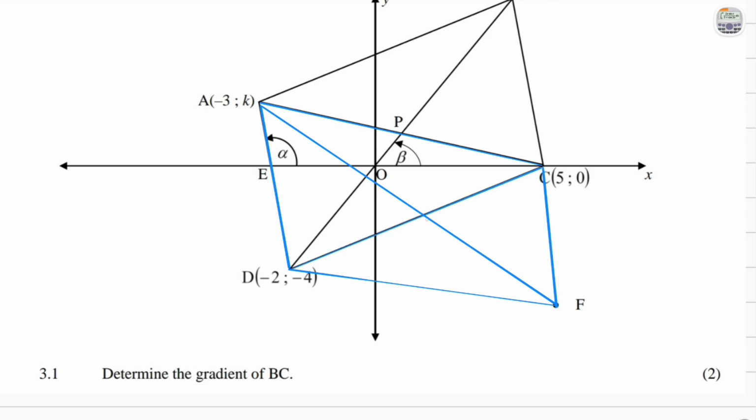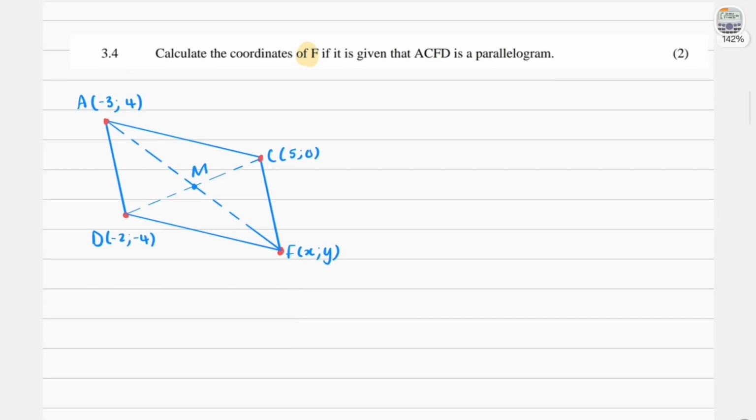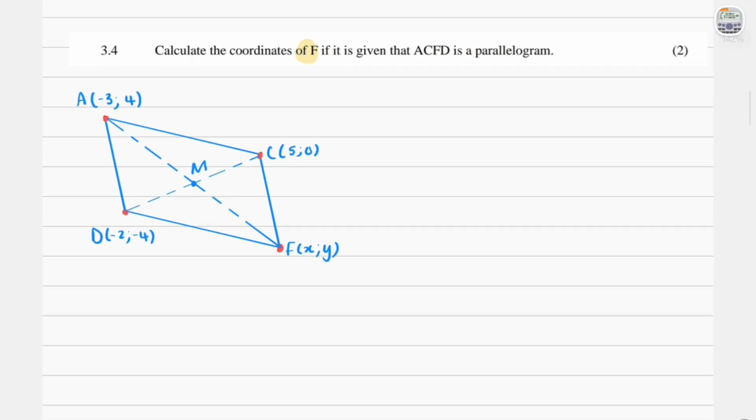And what it means is that they share the same midpoint. The diagonals' midpoints are exactly the same. So that's what we're going to do. We'll find that midpoint, okay? So use DC, since we have those 2 points, find the midpoint, and then use that midpoint to find F, which is missing, and we can call it x and y.